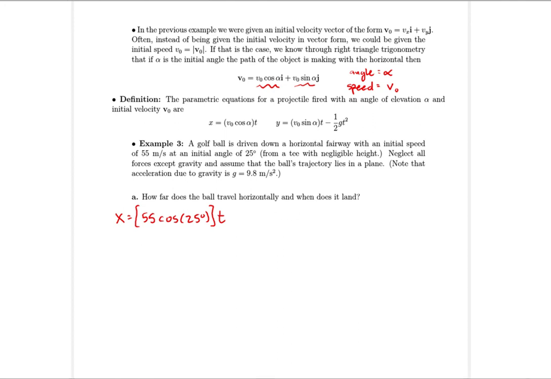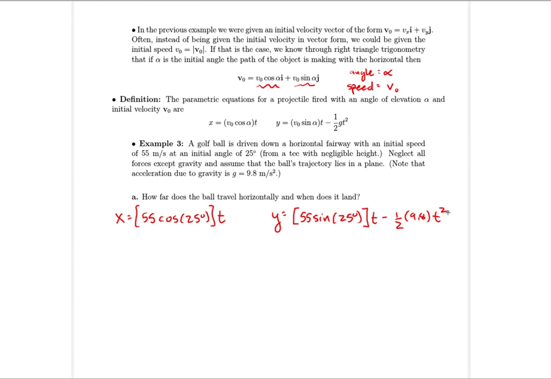And the y is similarly going to be 55 times the sine of my angle, times t. But then we have to say minus 1/2, and here we have 9.8 meters per second squared because we're talking in meters this time. So it'll be minus 9.8 t squared.